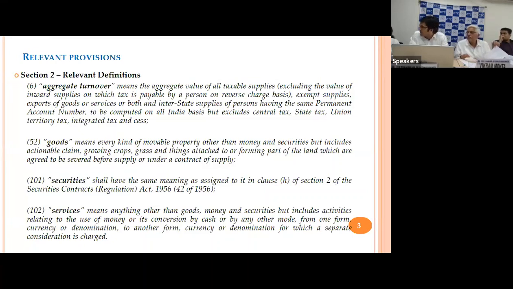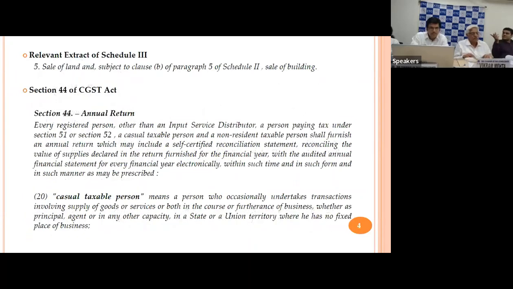So in both definitions securities are excluded, and therefore it is neither a supply of goods nor a supply of services. It could be a supply of securities, but not a supply of goods or services.